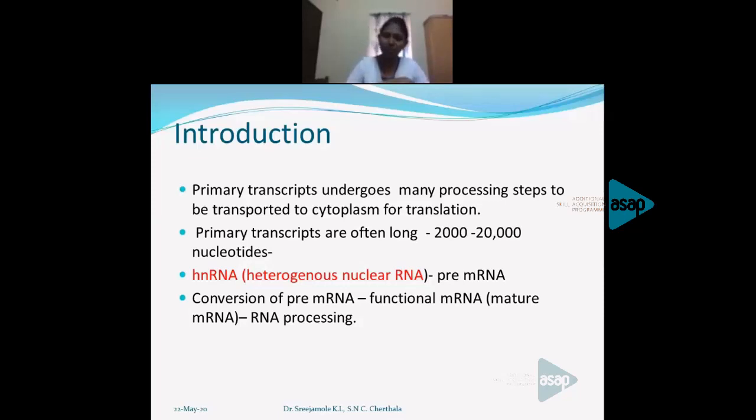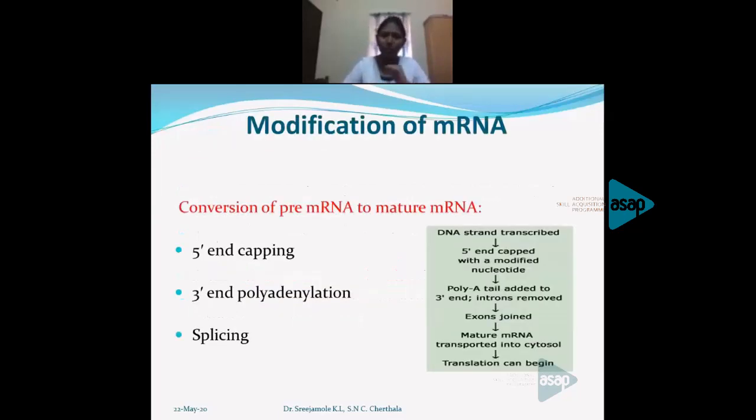Modification of mRNA basically happens in 3 steps: 5' end capping, 3' end polyadenylation, and splicing. These are the 3 basic steps happening during RNA processing. How all these 3 mechanisms happen, we will see later.